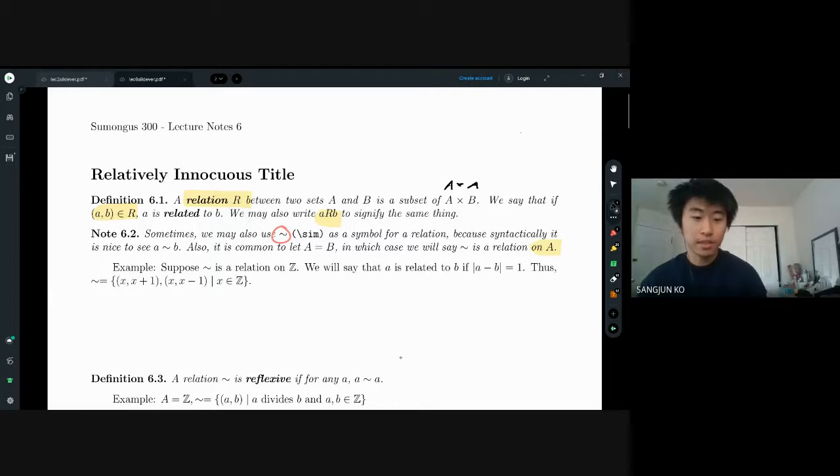So thus tilde is going to be the set consisting of the pairs (x, x+1) and (x, x-1), such that x is a member of Z. Okay.